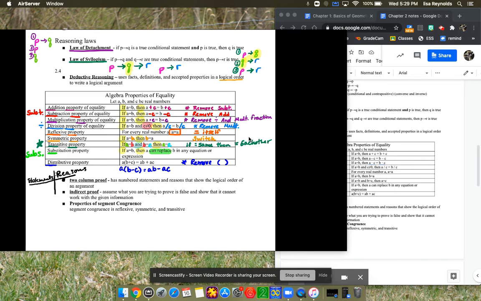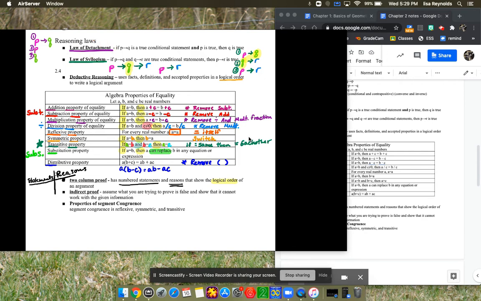So we'll have a set of numbered statements, and for every statement we give, we must provide a reason. And keep in mind that all of this has to go in a logical order. So remember from section 2.3, our reasoning laws, especially the law of detachment.